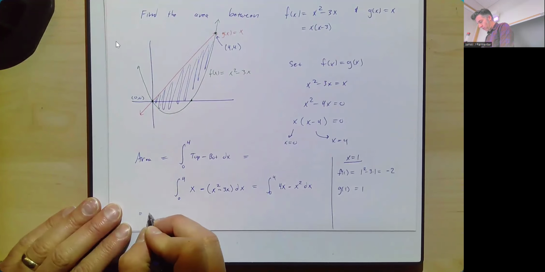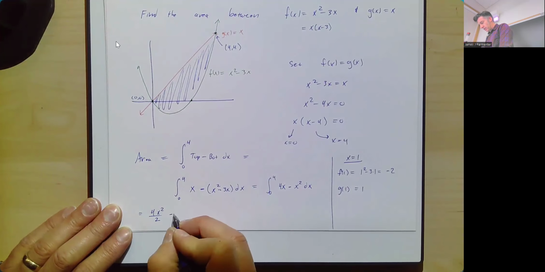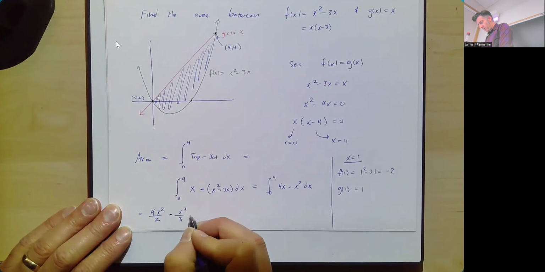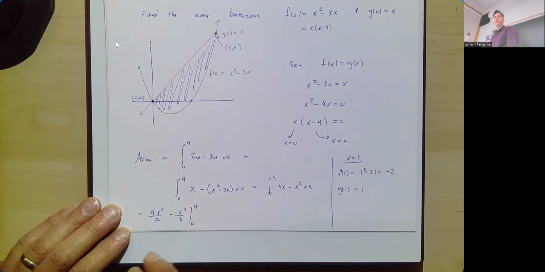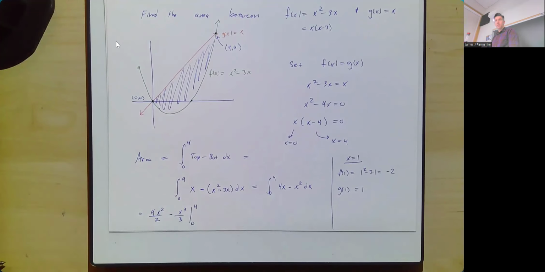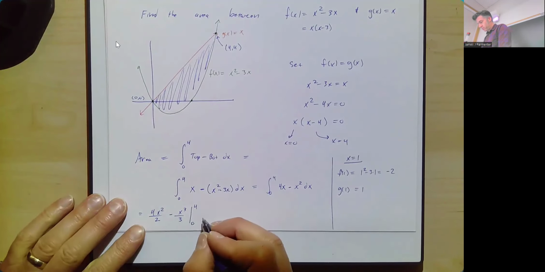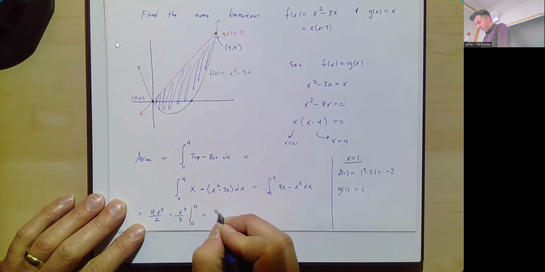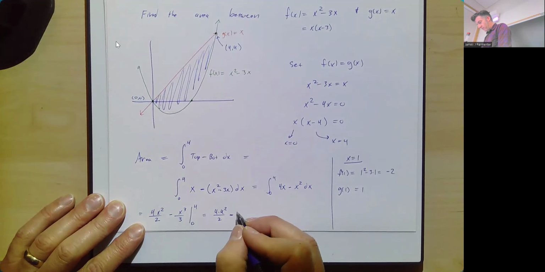You're going to get 4x squared over 2 minus x cubed over 3 from 0 to 4. Plugging in 4, you get 4 times 4 squared over 2 minus 4 cubed over 3 minus, now plugging in 0.